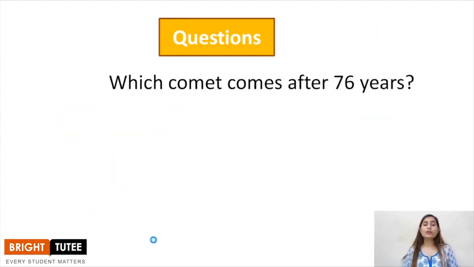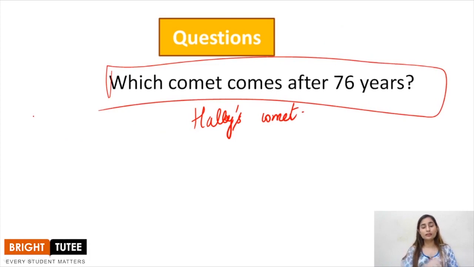Next question, which comet comes after every 76 years? It is Halleys Comet. Basically, I have put this as a different question because you will be mentioning this comet in the previous question only. You have to mention that comets revolve in an elliptical orbit. So they are periodically seen because they have a certain period of time of their revolution.